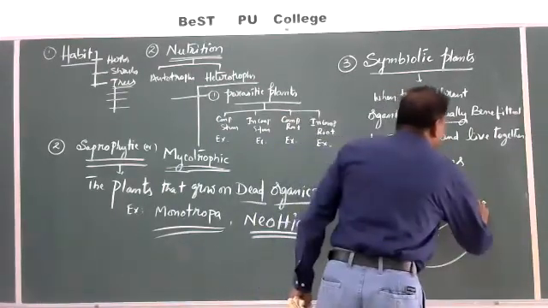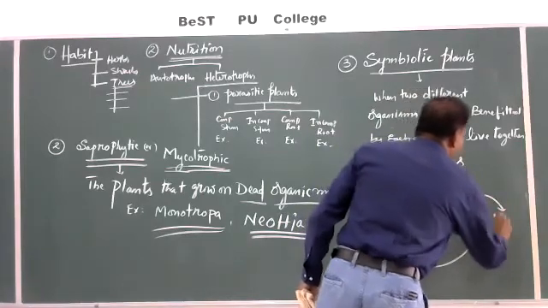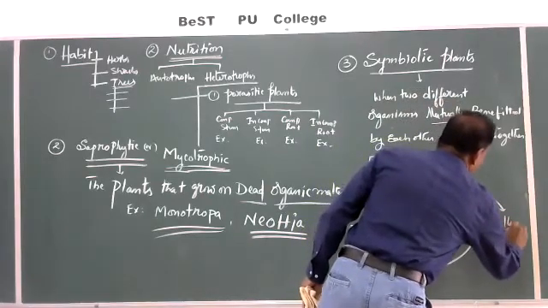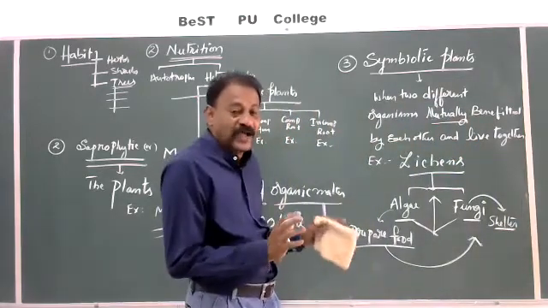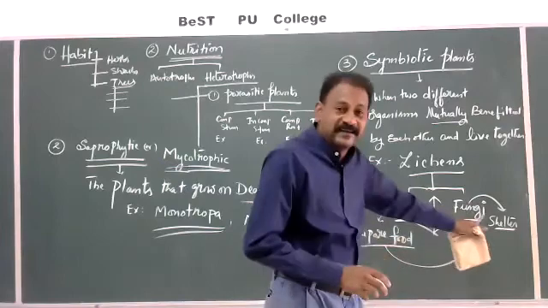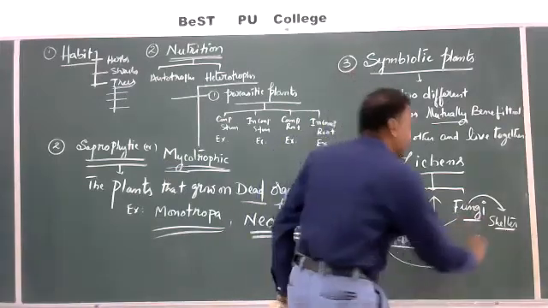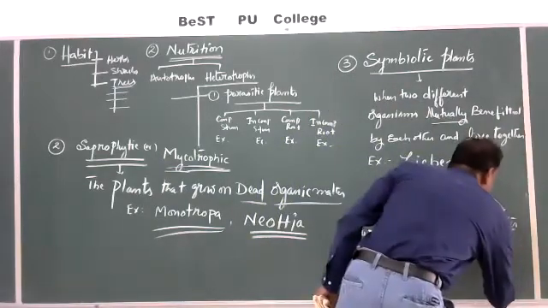Fungi in turn give shelter to this algae. So algae has to live, has to attach to it, and it will shelter the algae. It will absorb water and minerals.